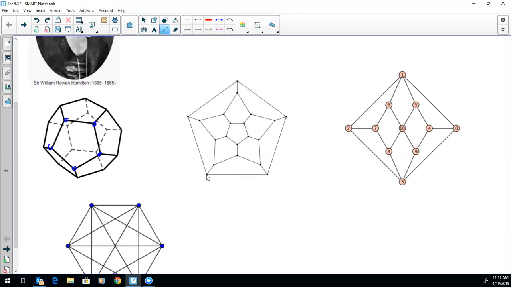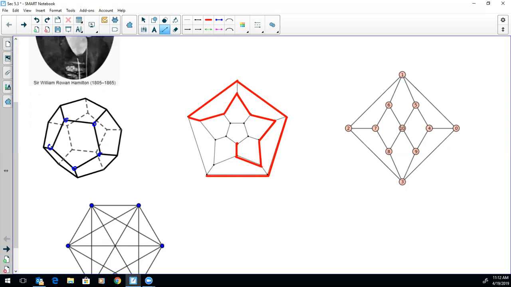Let's start here. Now we want a cycle, so I want to come back where I started. So let's go here to there, and there are others, not just the one I'm going to do here. Now let's go inside to this vertex, then to this vertex, then this one, this one, this one, this one, and this one.